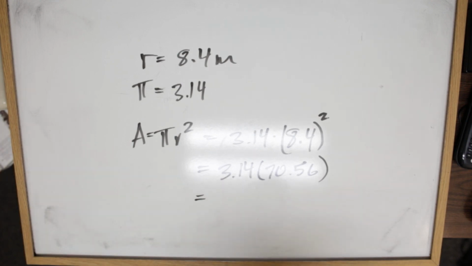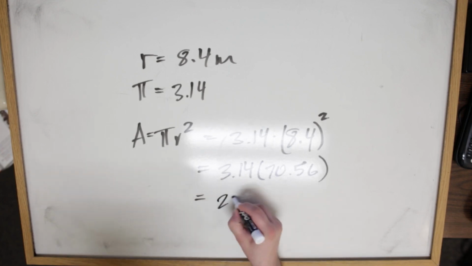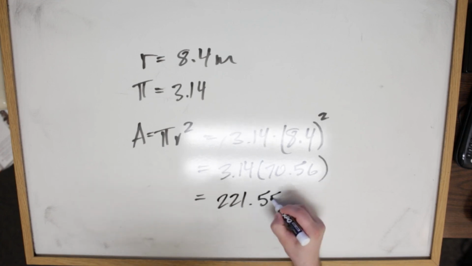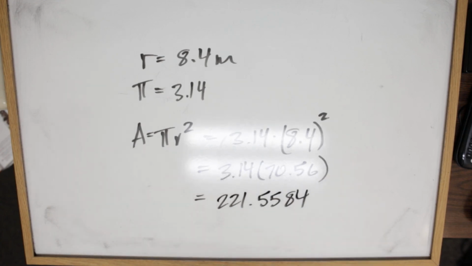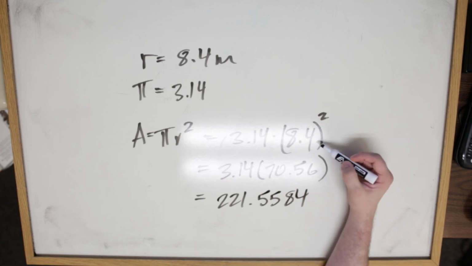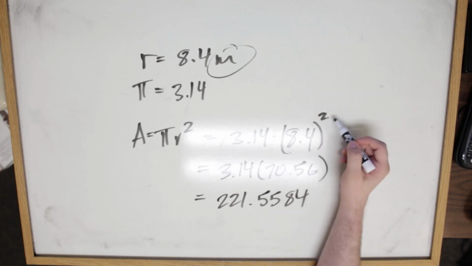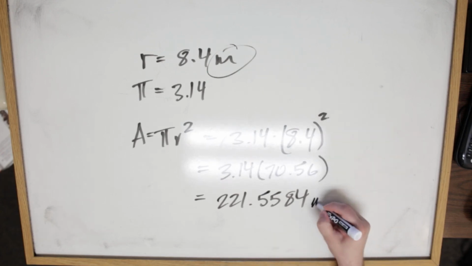However, I'm just going to go ahead and do this anyway. So I get 221.5584 for this problem. And bear in mind, the question started with meters, and I'm squaring it, so this is going to be meters squared.